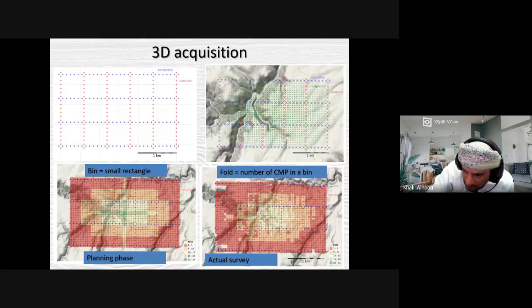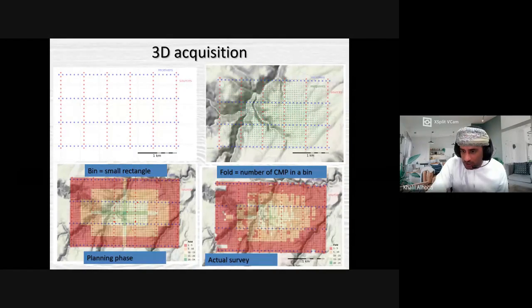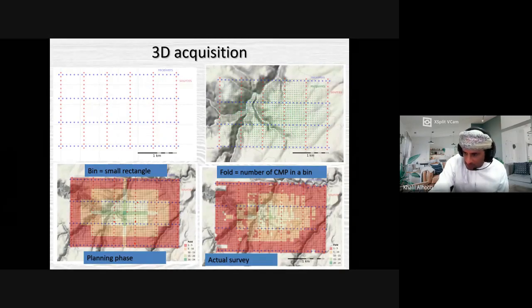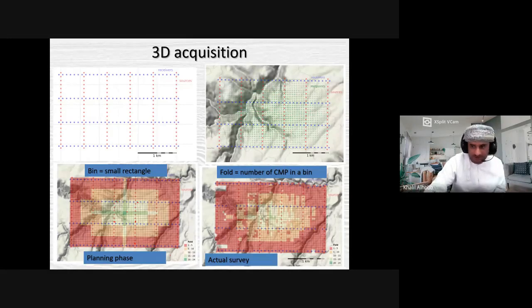This midpoint is between this receiver and this geophone, and this source and this geophone. You see, this has a lot of combinations I can make, whereas this one here has low fold because it's the flank. That's in the middle.